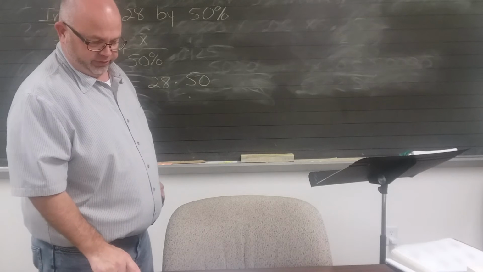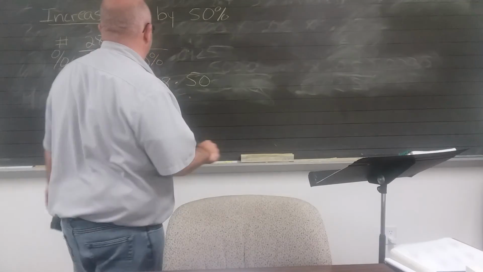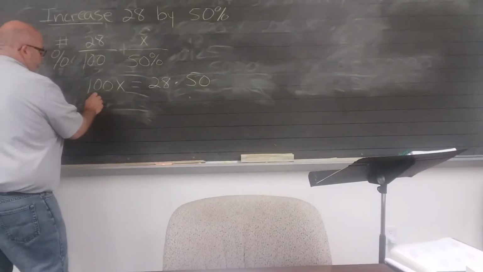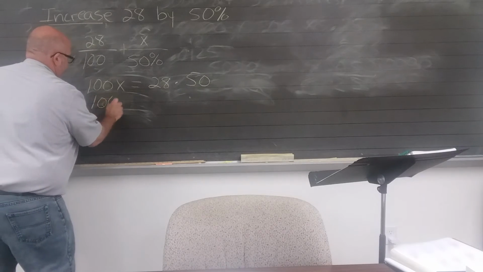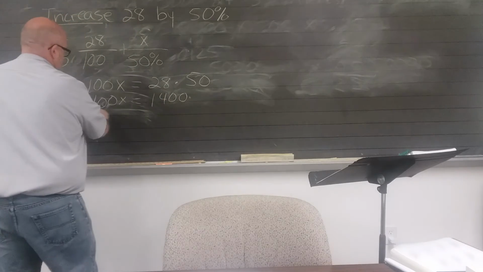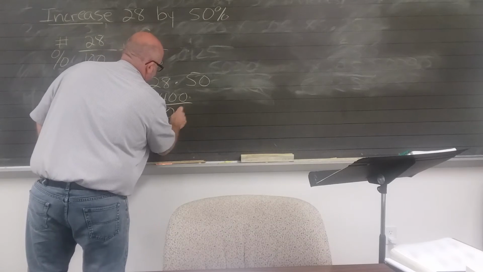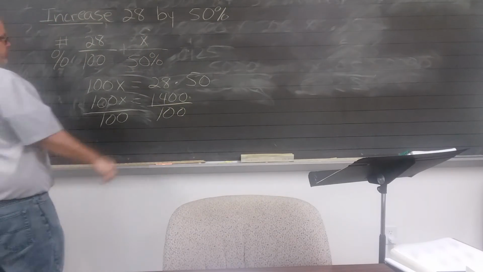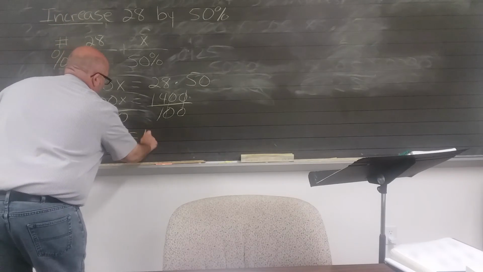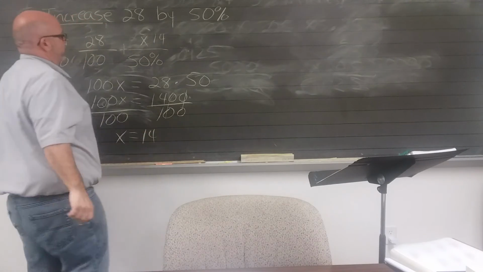I'm going to do it on the calculator, sorry. 1,400. So now you have 100x equals 1,400. Divide those both by 100. 1,400 divided by 100, knock off the zeros. X equals 14. So this number is 14.